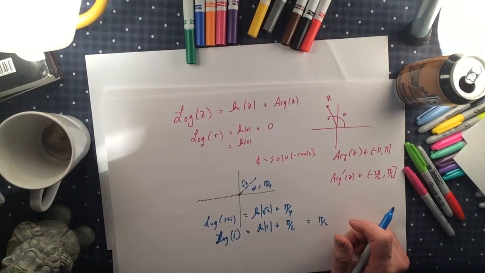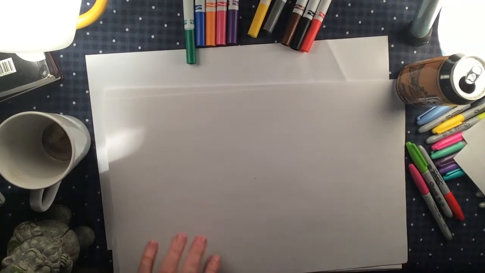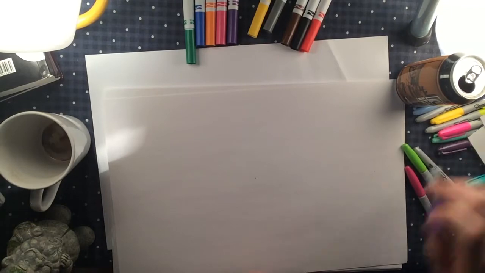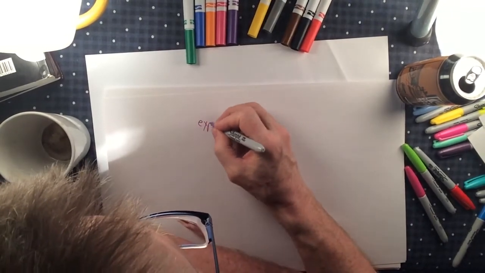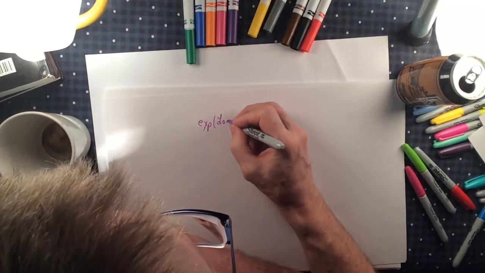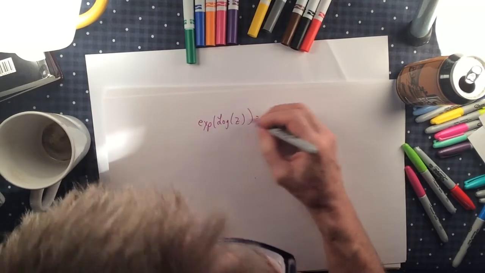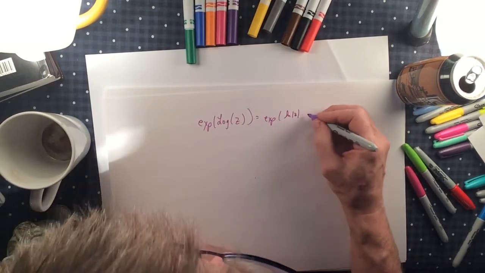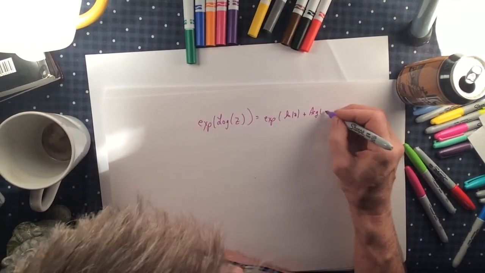Now, let's check to see if things are working right. With this definition, let's calculate the exponential and the logarithm and make sure we did everything right. So the exponential of the logarithm of z, well, this is the exponential of the ln of z plus the argument of z.